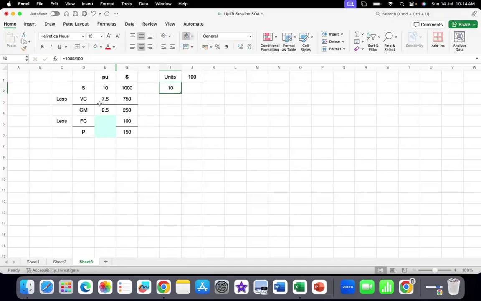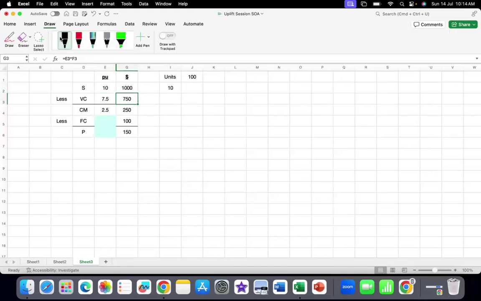Same thing would have happened for the 7.5. If my cost is 750 and I'm selling 100 units, what is the per unit cost? So it's 750 divided by 100, 7.5. If I'm earning 250, on how many units am I earning?